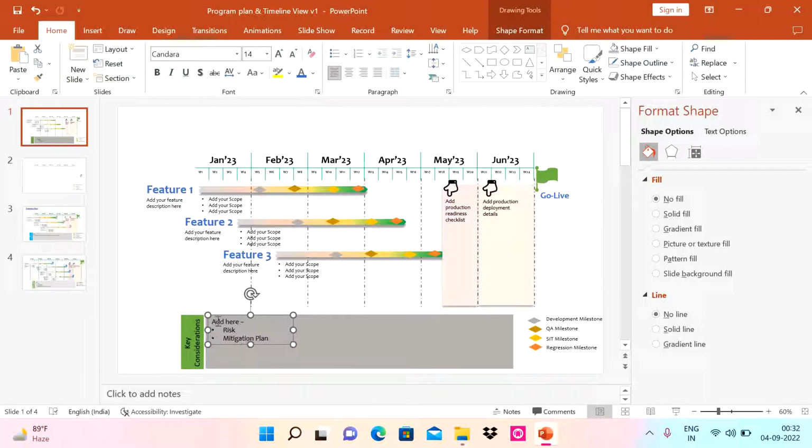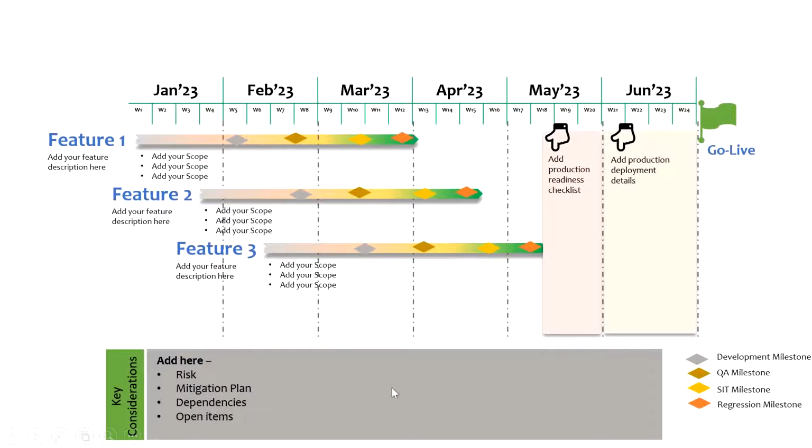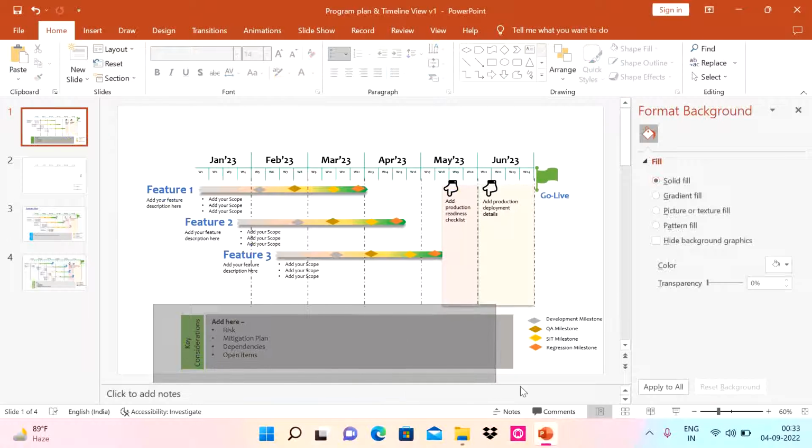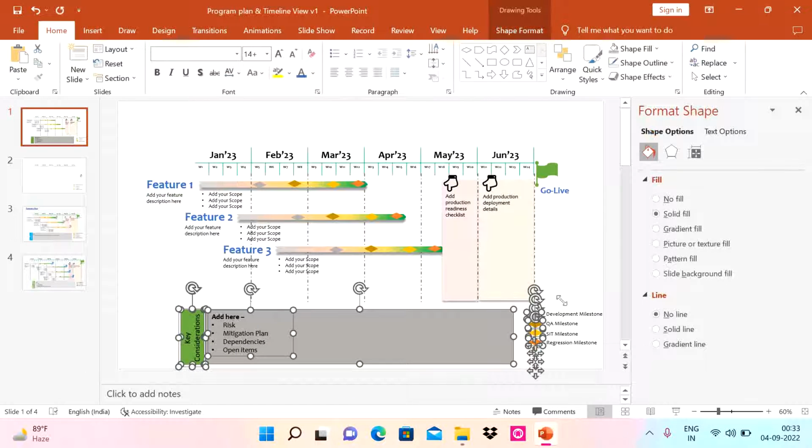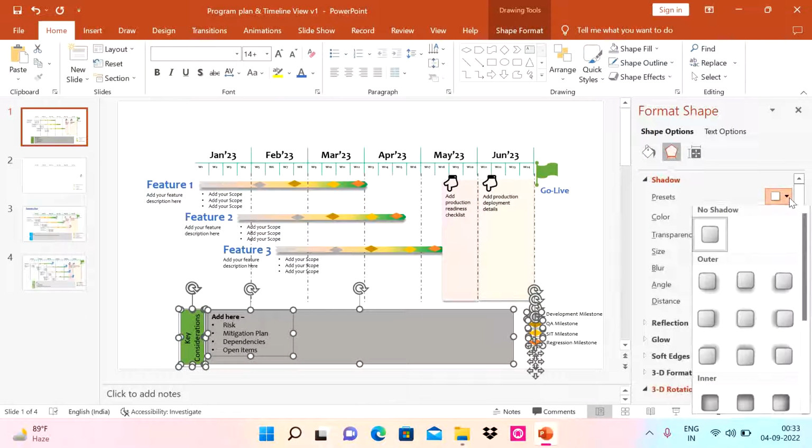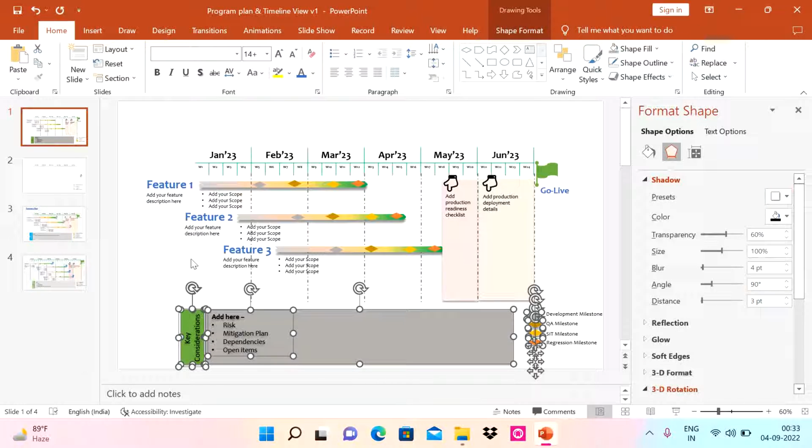So I can add here risk, mitigation plan, dependencies I can highlight, I can discuss the open items. So all this can be put under this section. This is very very important. At the end I'm going to add an effect to this. Let's say I take this one. Okay, good enough.